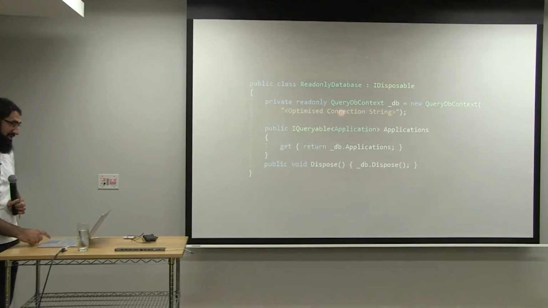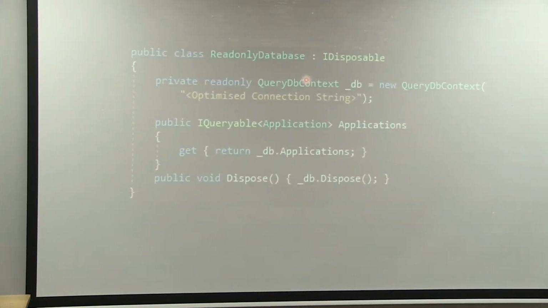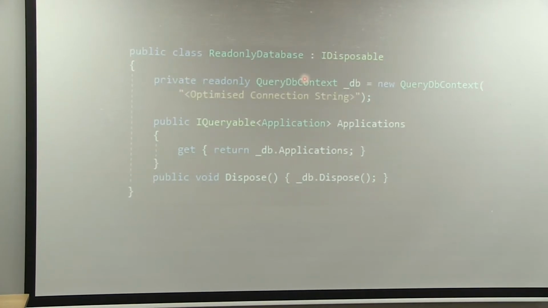That's all I'm doing, and then I've got an Entity Framework context which I'm instantiating. So that might give us a little bit of performance benefit, and reading this data could be slightly faster.